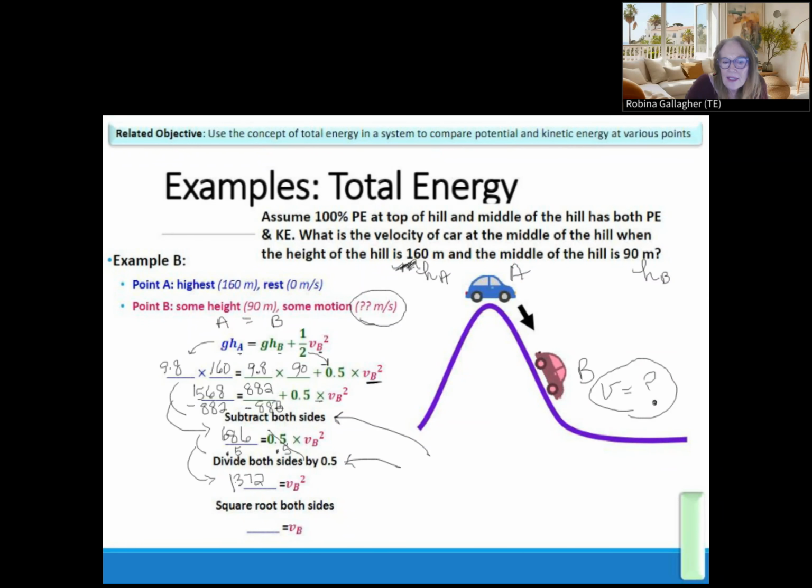Now I have to take the square root of both sides, and that is going to get rid of my exponent so that my variable is finally by itself. So what is the square root of 1,737.04 joules? Exactly right.